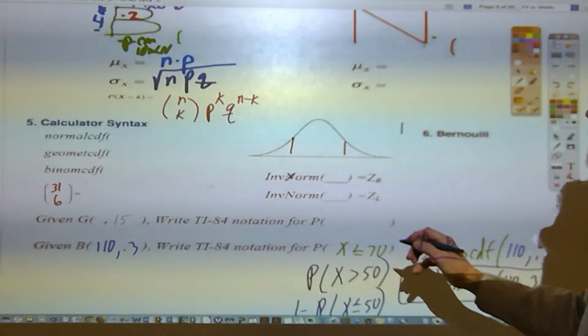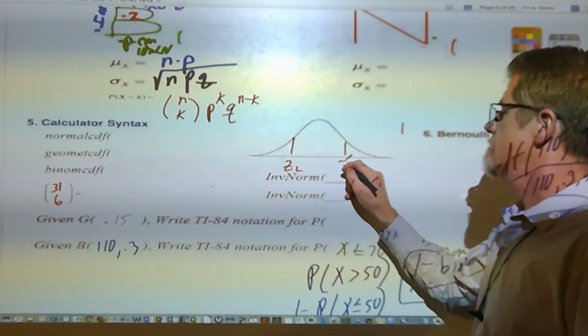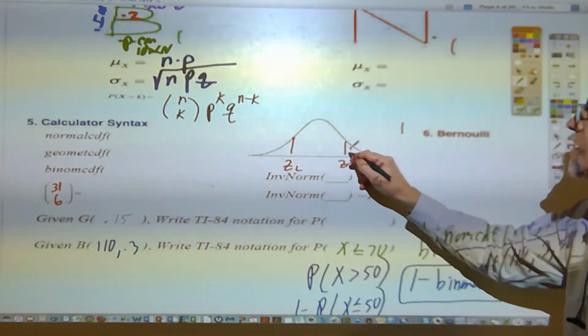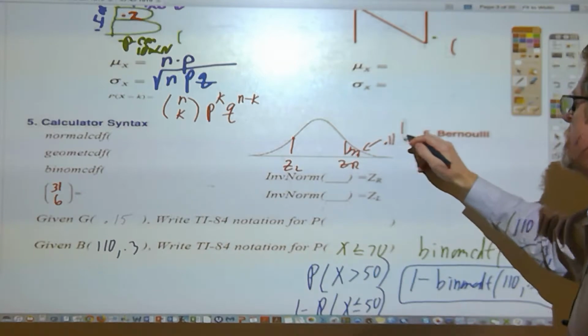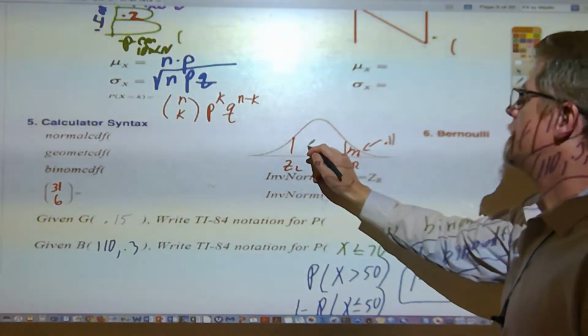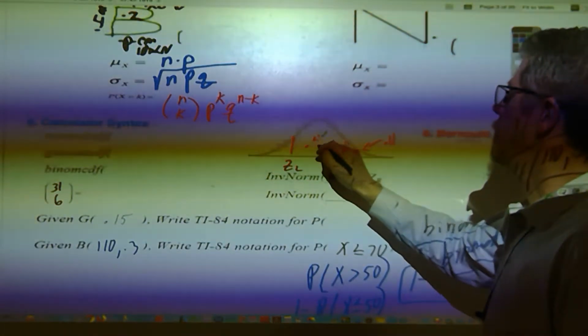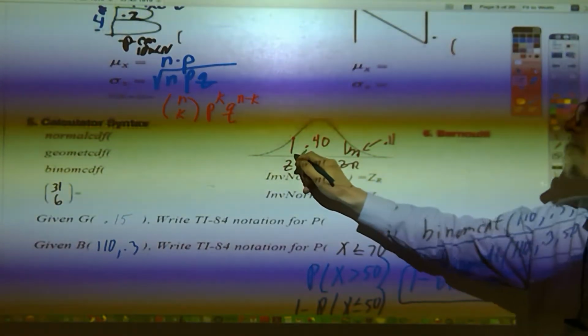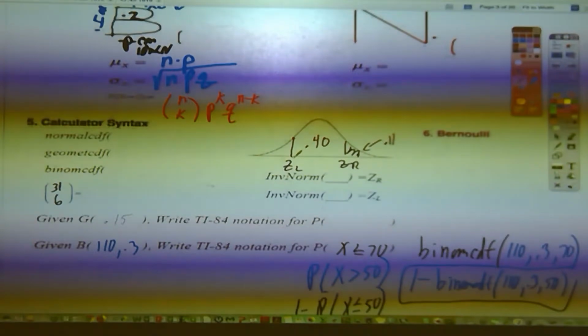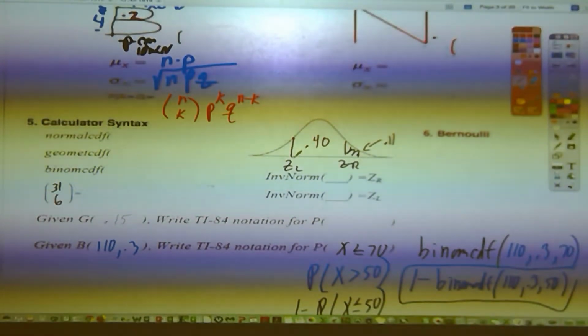Okay, so you've got a Z sub L, Z sub R. Let's shade this area and make it a 0.11. Change that to 0.11 and change the middle to 0.40. Kind of small, but we'll go with that.